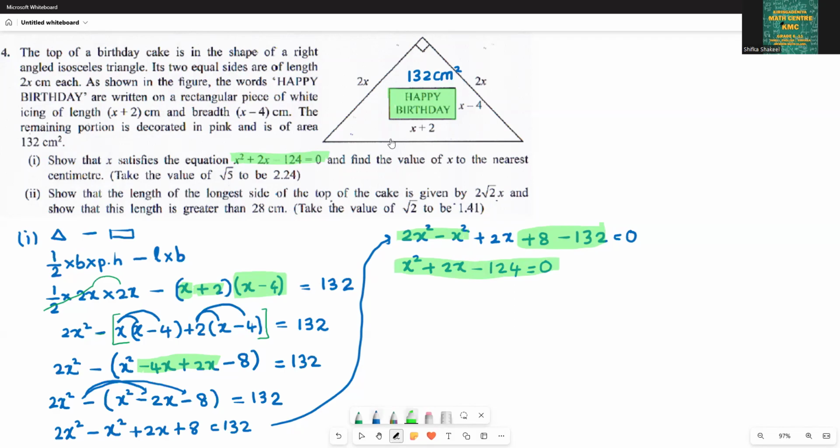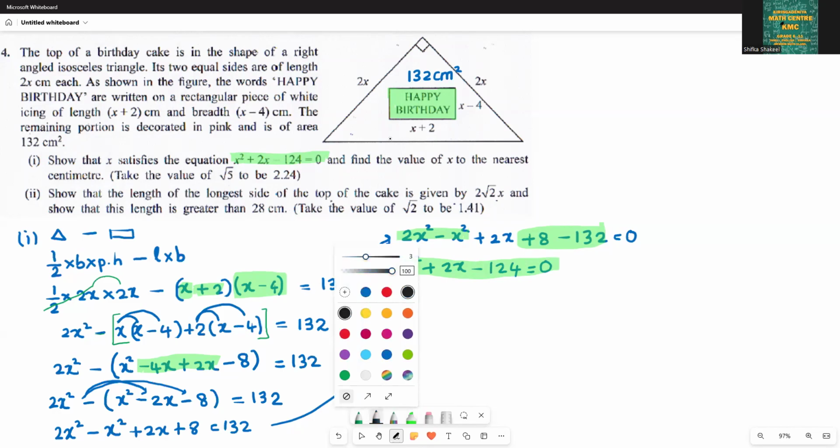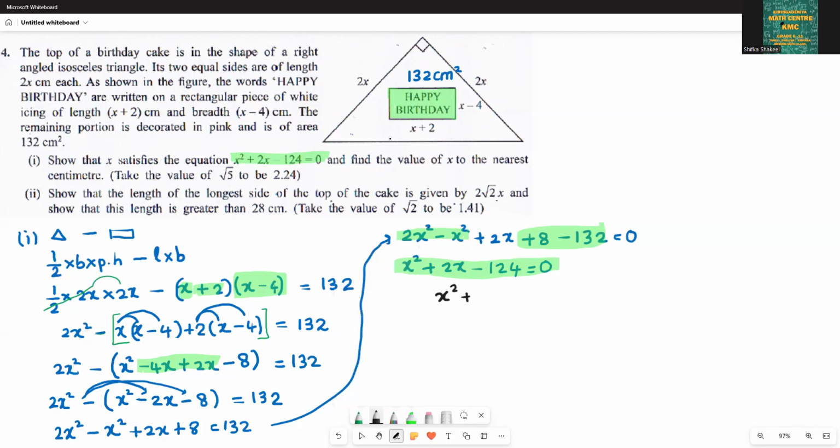You can apply the method of completing the square, or else you can use the formula method. Here completing the square is easy. X squared plus 2x; taking minus 124 to the other side, it changes to plus 124.